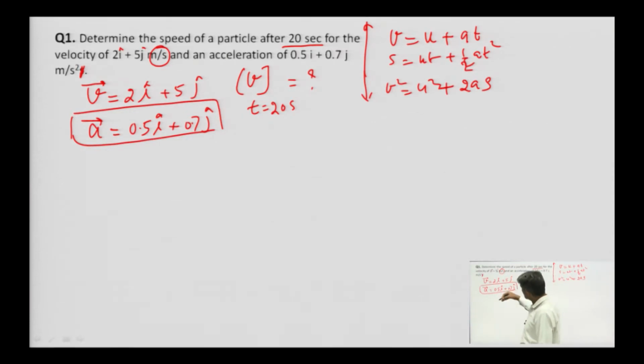If acceleration were a function of t, suppose 0.5 minus t, then we could not use those equations. But here it is 0.5 and 0.7 for the x and y components, so we can use those equations.